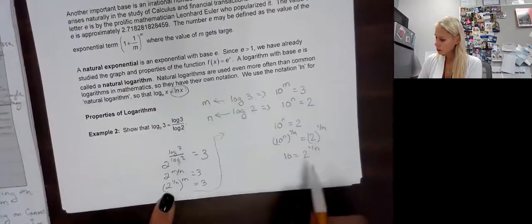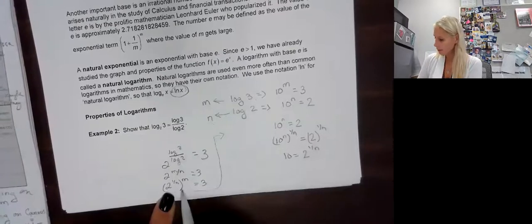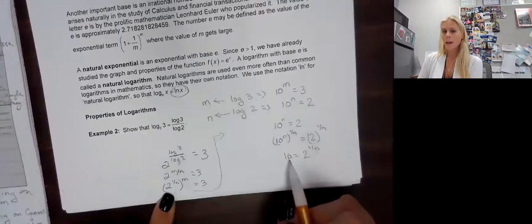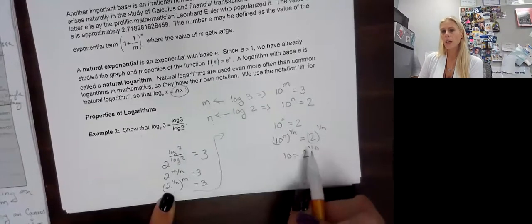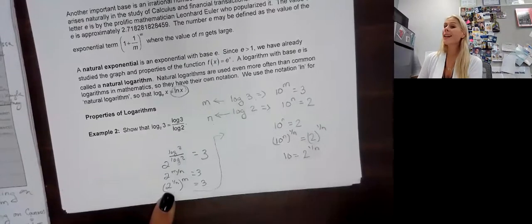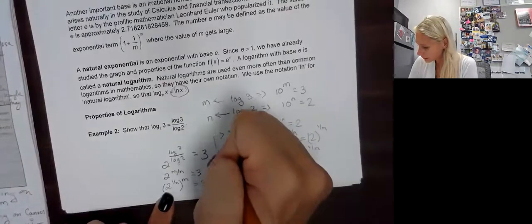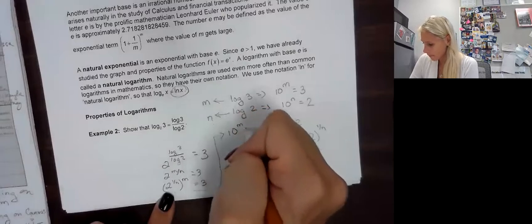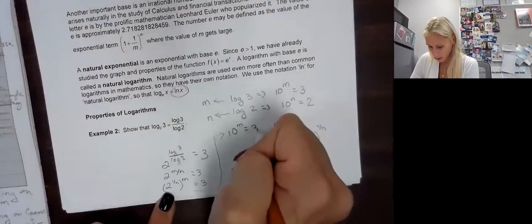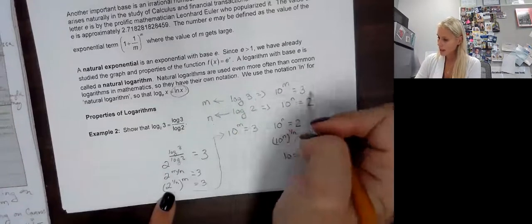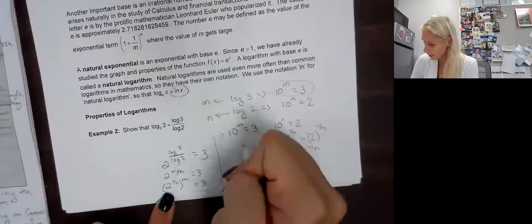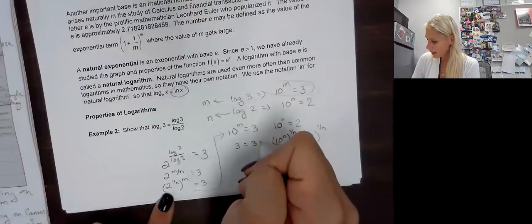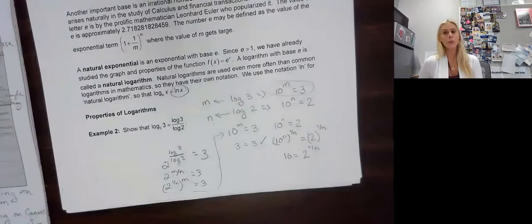Well, what did we just do over here at the beginning? I manipulated this, changed this all around, so that 2 to the 1 over n is actually the value of 10. Okay, so I'm going to substitute that in. So now I have 10 to the m equals 3. And didn't I prove that up there, 10 to the m equals 3? So 3 equals 3. And I just proved that those two things equal each other.